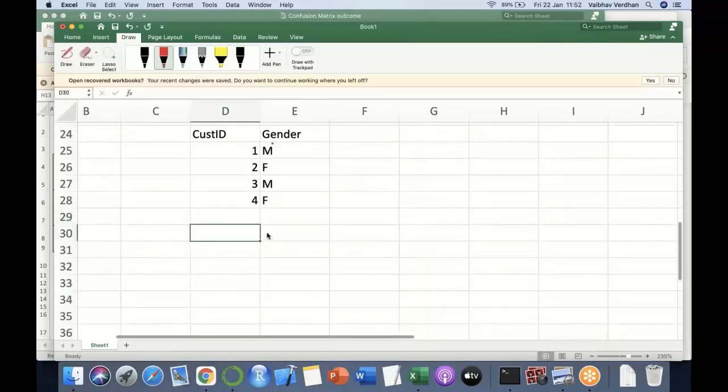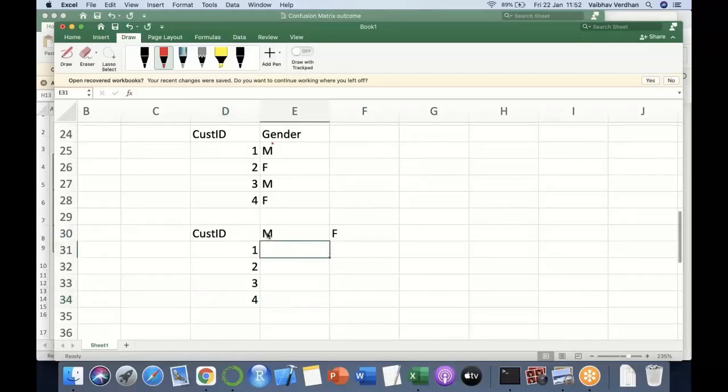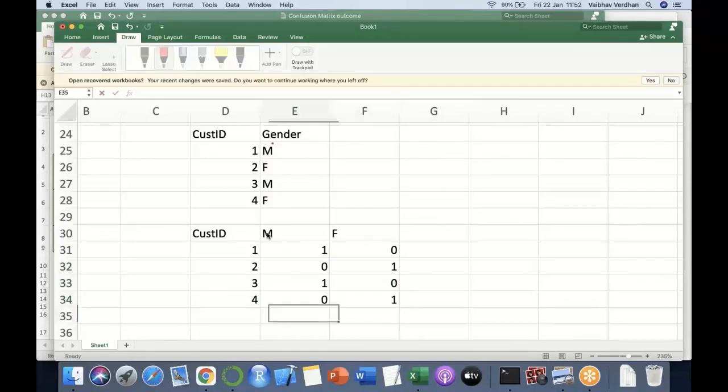What one hot encoding does is it does it like this: 1, 0, 0, 1, 1, 0, 0, 1. So you can see that it has converted this categorical variable to numeric variables.